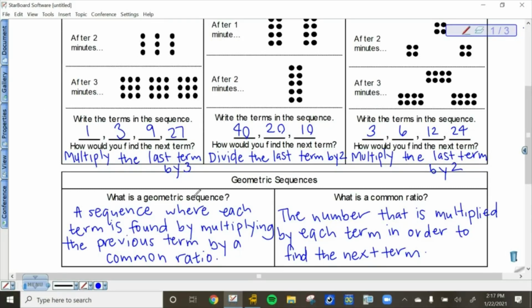However, if we want to, so let's say we have 40 and we want to divide by 2. That's the same thing as saying 40 times 1 over 2. 20 divided by 2 is the same as 20 times 1 over 2. So we still have a common ratio here. We're still really multiplying.